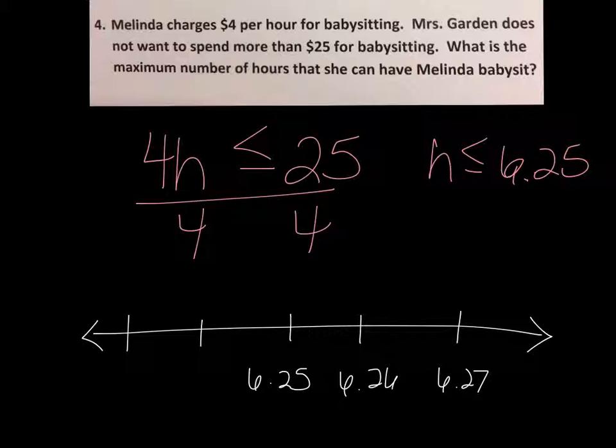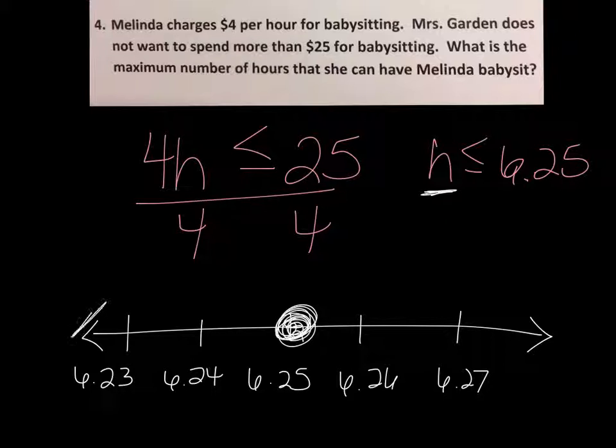You also could have intervaled in nickels if you wanted. Quarters would have been okay. I probably would not have done whole dollars because you had to get 6.25 on your number line somewhere, and your intervals all must be the same. I'm going to have a closed circle. My variable is on the left. My arrow shades to the left. And my circle is also an answer.